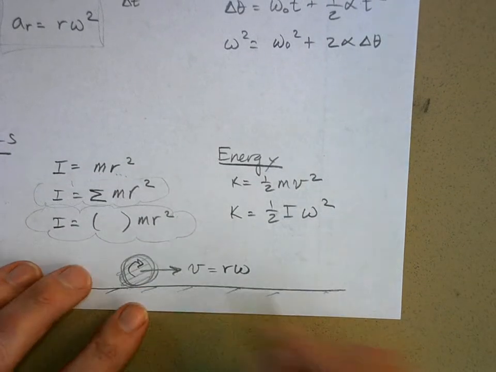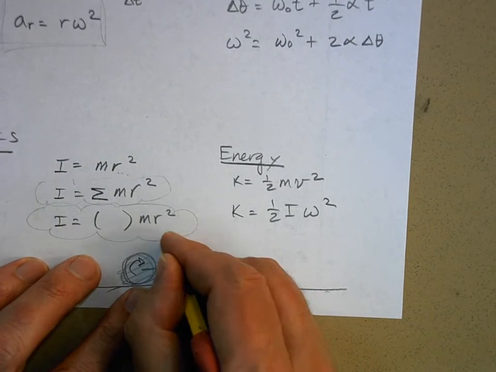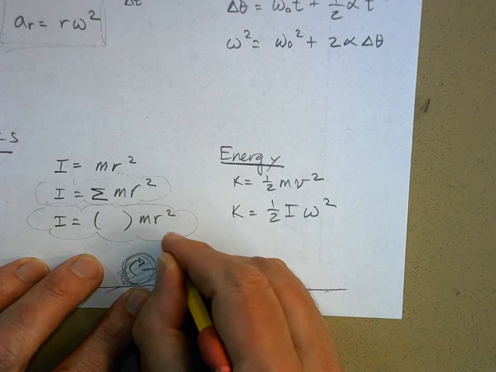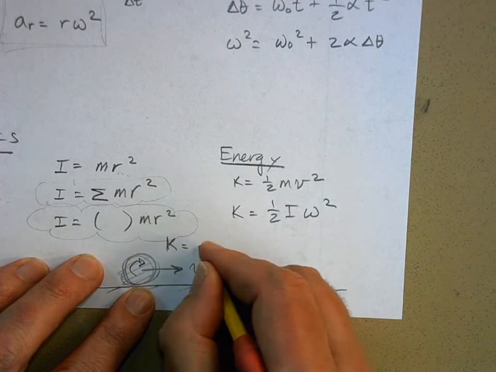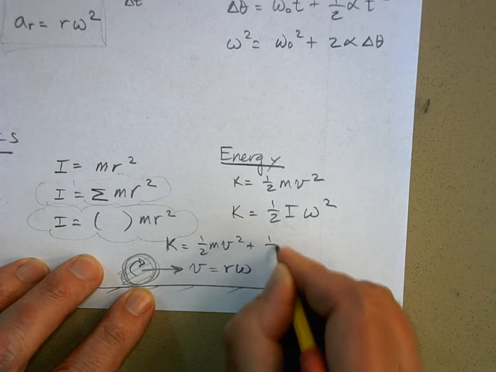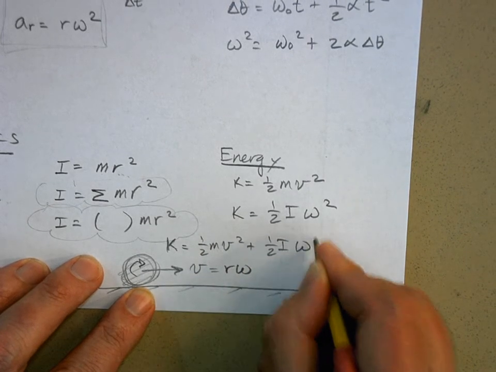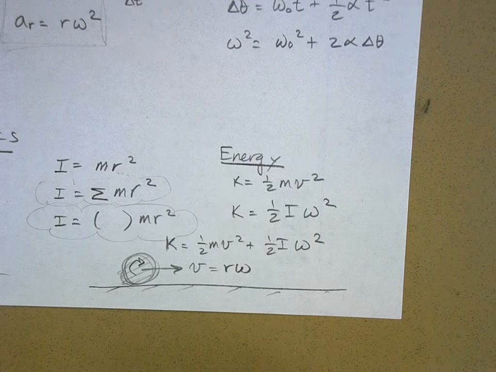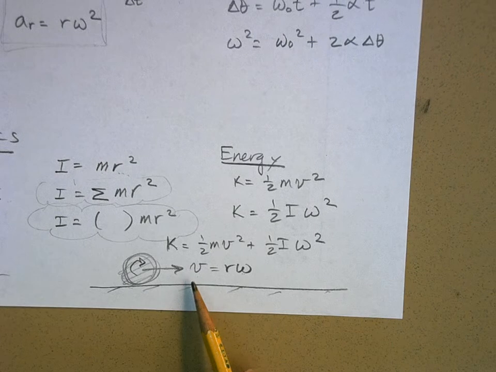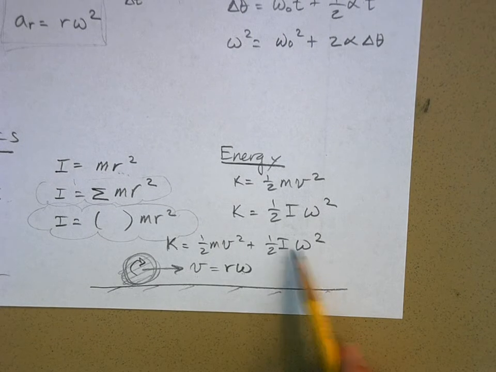So when you add them together, the total kinetic energy is equal to 1/2 mv squared plus 1/2 I omega squared. Now remember, if it's rolling motion, you can substitute omega equals v over r, so this would be v over r quantity squared.